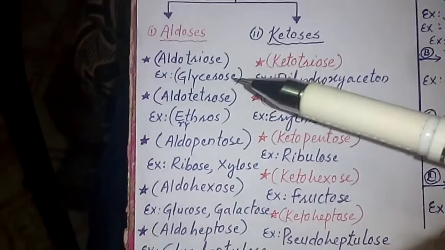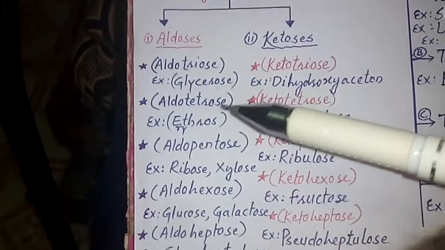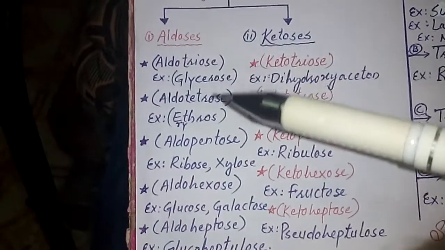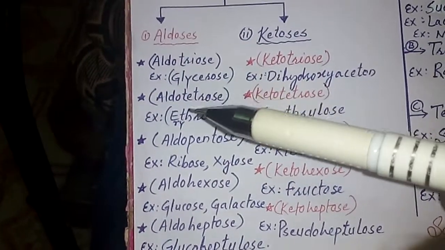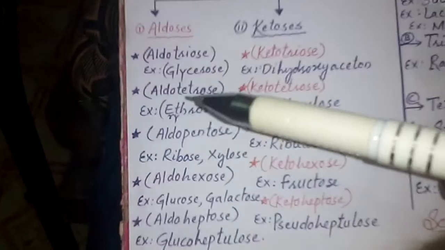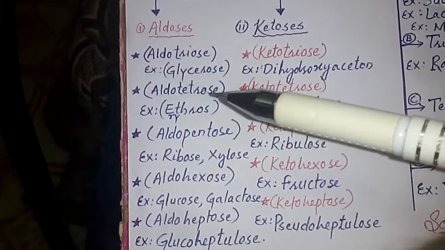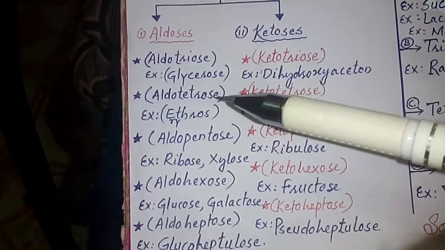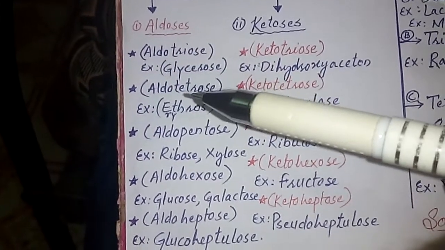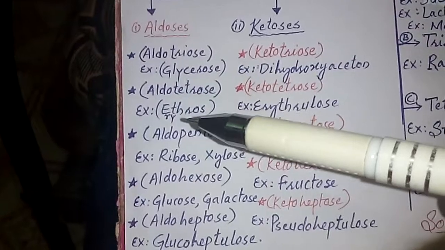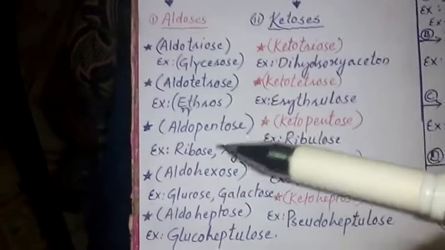The second type of the aldoses, aldotetrose. Tetra means 4, so these are the aldoses which consist of 4 carbon atoms. The example of this aldotetrose is erythrose.